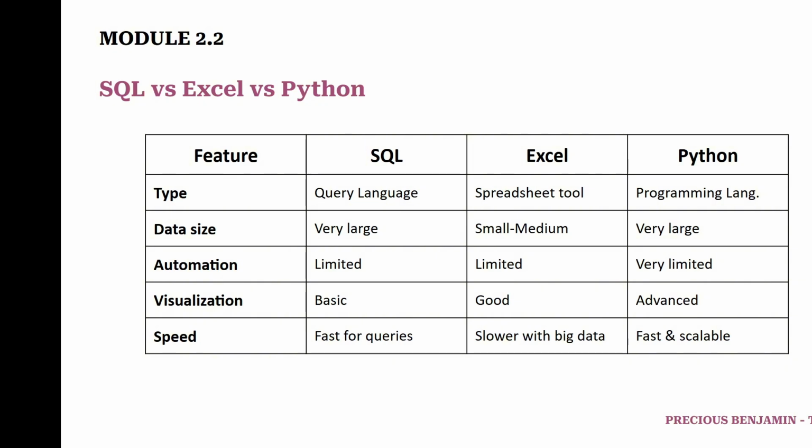Now let's go to visualization. SQL is a data query language. So visualization in SQL is basic, right? Now, when you come to Excel, visualization in Excel is good. In Excel, you can actually build Excel dashboards, right? I have tutorials on my YouTube channel where we build dashboards using Excel. So if you're looking at data visualization in Excel, Excel is your go-to for that.